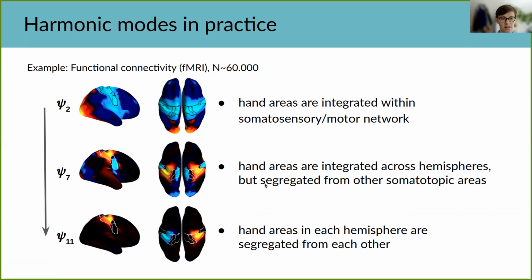So here they are segregated from other parts of the somatosensory motor cortex. And if you go to yet another functional harmonic, you see that the two hands are also different, which makes sense because you have two hands and they can do different things. So this is a beautiful example that shows how harmonic modes show structure on different levels, because it doesn't force each brain area to be part of exactly one network.